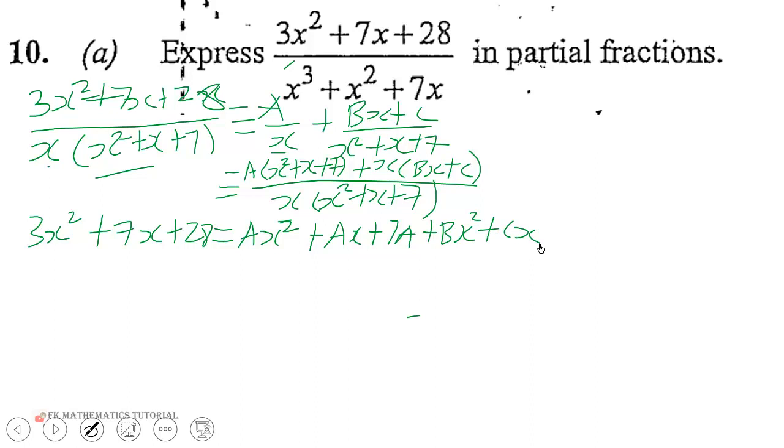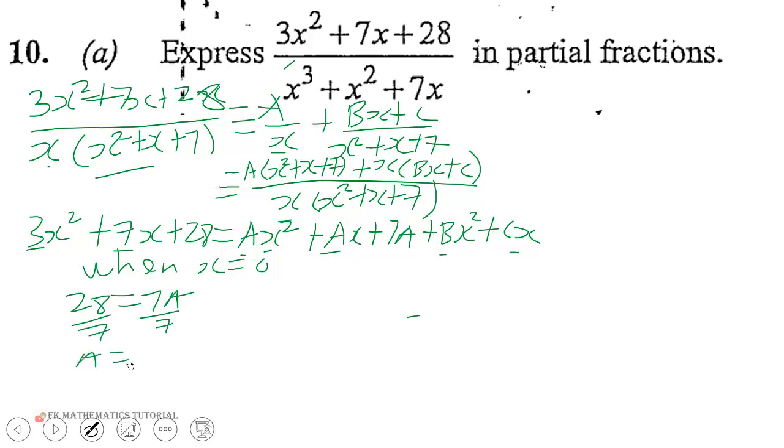So when x is equal to 0, all this becomes 0. So this becomes 0, 0, 0. So we'll get 28 is equal to 7a. Divided both sides by 7, a will be equal to 4.